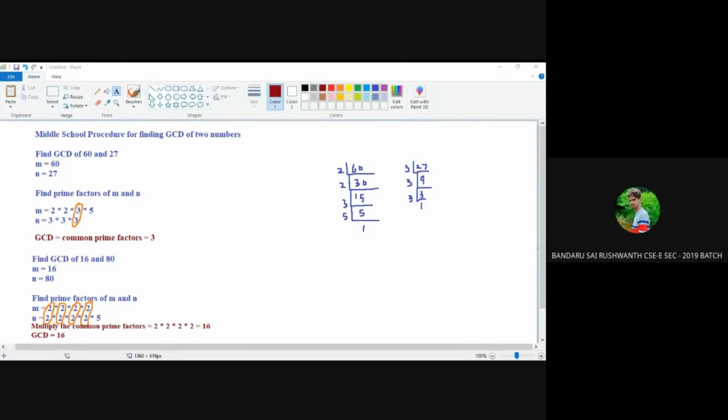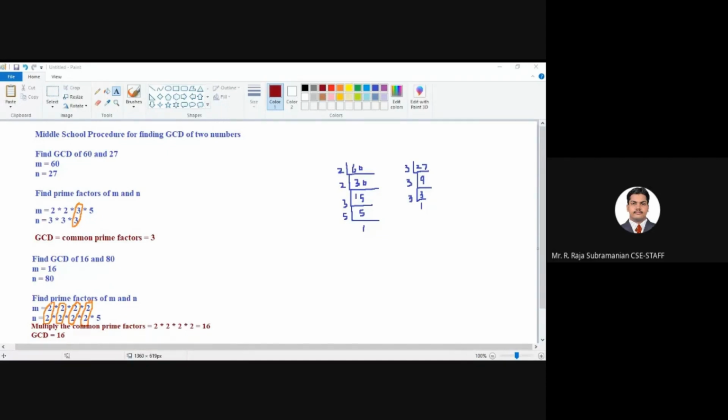Why? We have to find LCM and also common factors. I don't agree. Finding LCM is not that difficult, and finding common factors is also not difficult. Why is it difficult? That's what I'm asking.